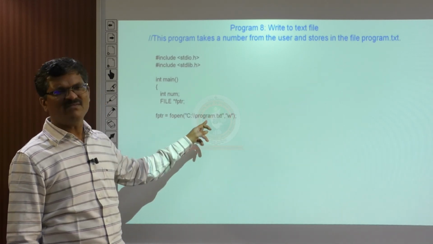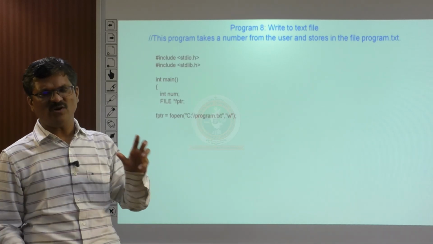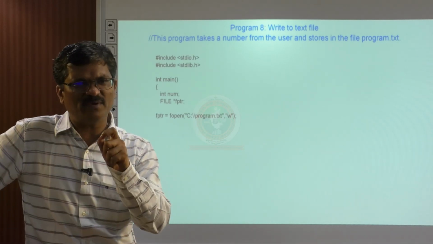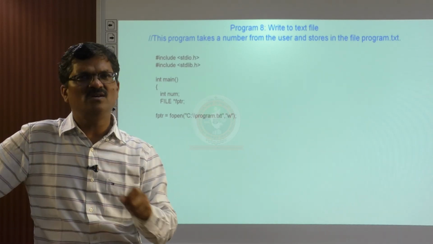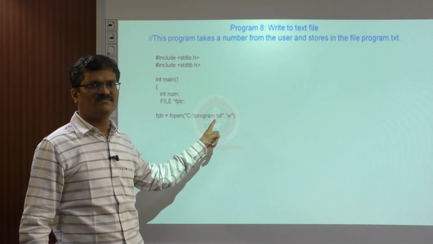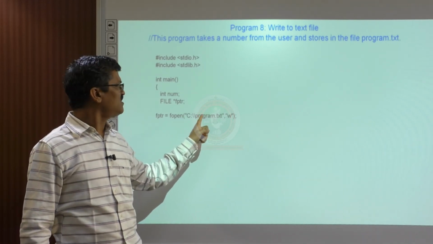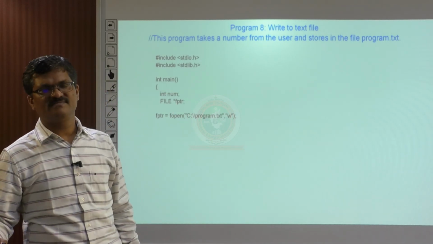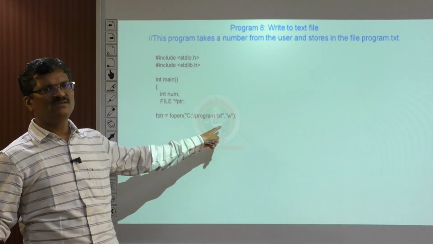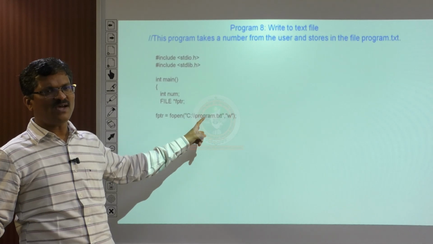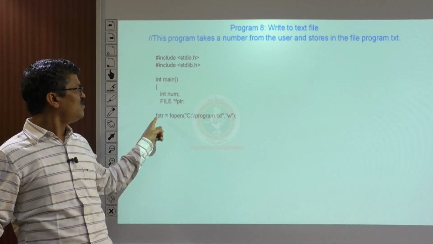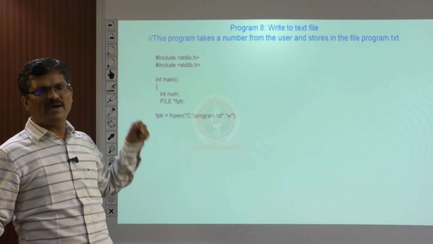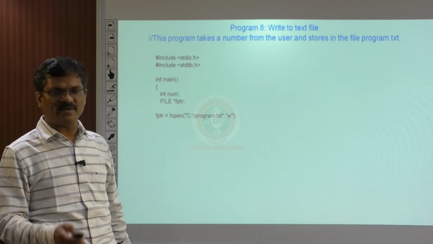You can define a file name directly here, or if you would like to create a file in a particular directory, you can specify the path here. I have defined program.txt to be created in the C directory. Upon creation of this file, its address will be held by the pointer fptr.